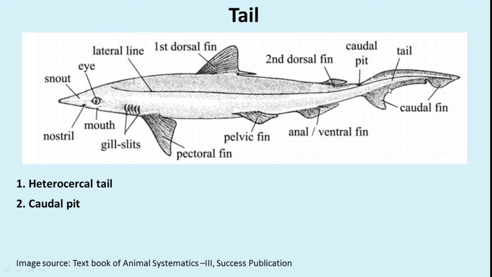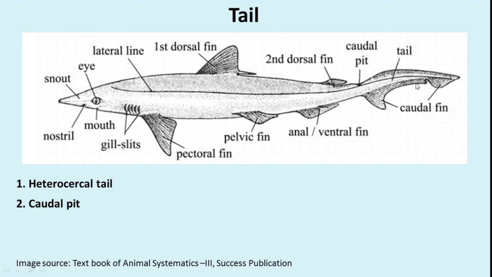The median caudal fin consists of a dorsal epicaudal lobe and a well developed ventral lobe or hypocaudal lobe. So this lobe that you are seeing here is the epicaudal lobe and this one is the hypocaudal lobe, and because of this particular notch over here, this hypocaudal lobe is again divided into two.